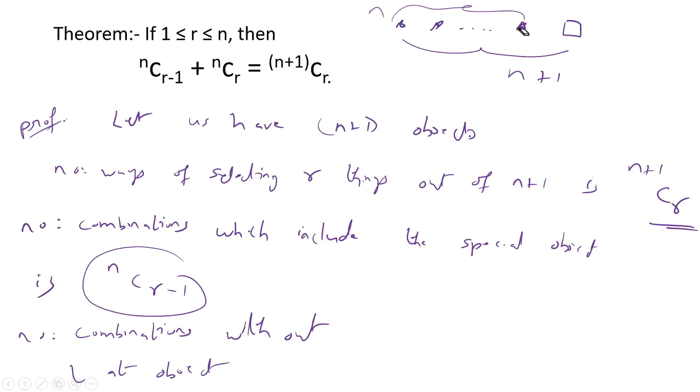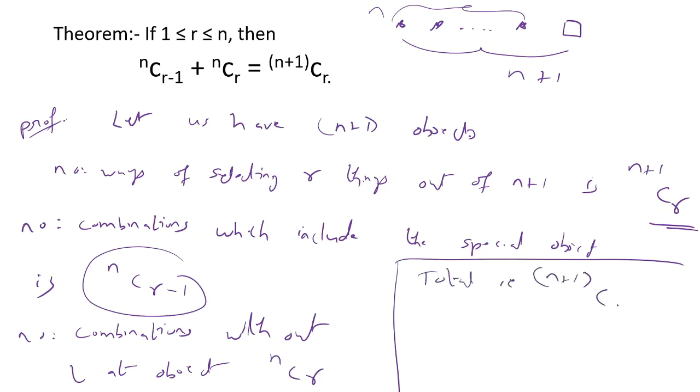So the number of combinations without that object is going to be n choose r. Now the total number of combinations, that is n plus 1 choose r, is equal to n choose r minus 1 plus n choose r. So this is our result.